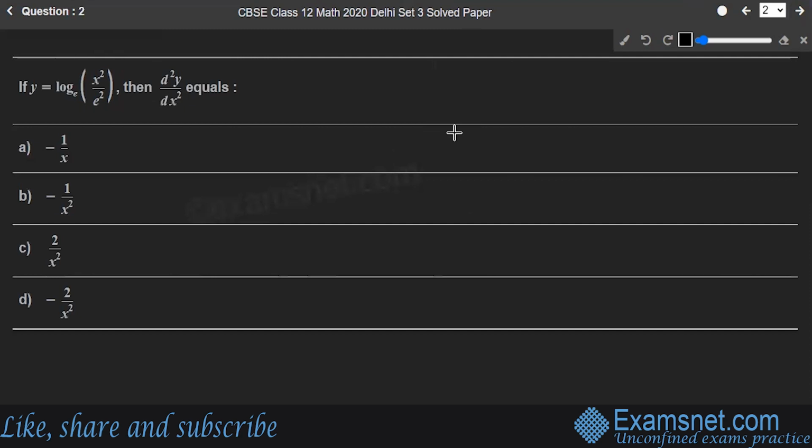Next is question number 2. If y is equal to log to the base e of x squared upon e squared, then what is the value of the second derivative of y with respect to x? We are given y is equal to log e x squared upon e squared. Let's find the first derivative, differentiating both sides with respect to x.